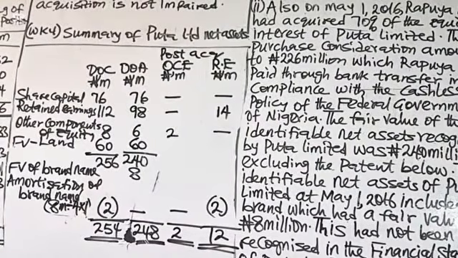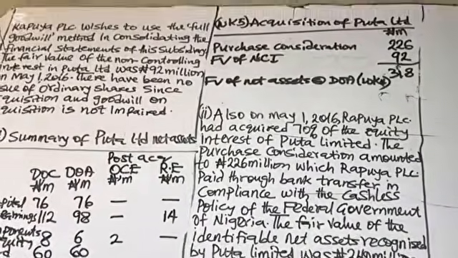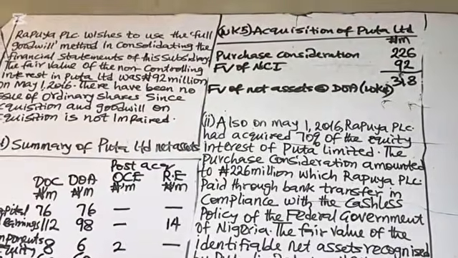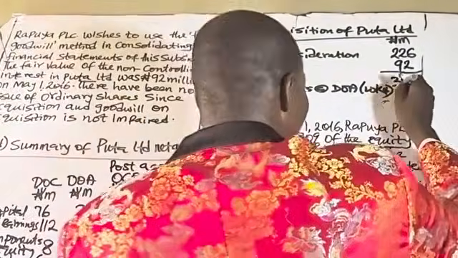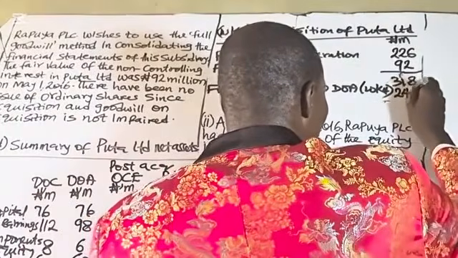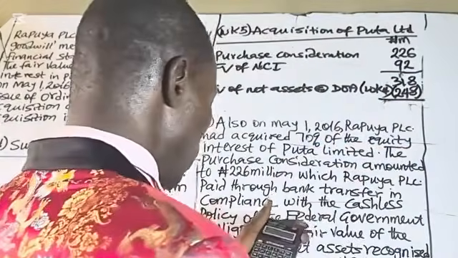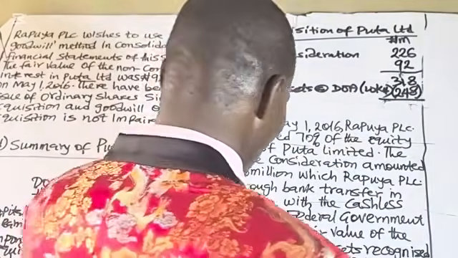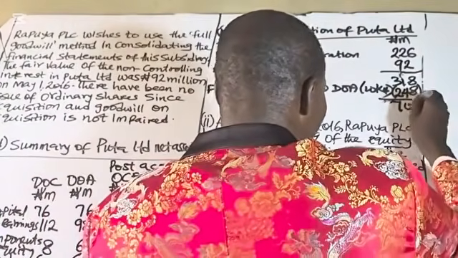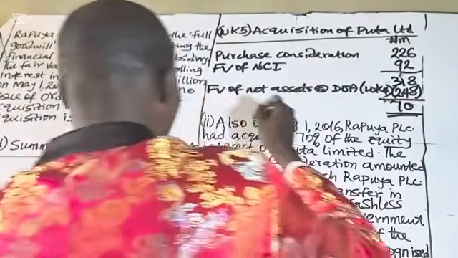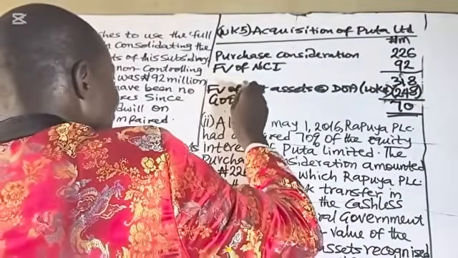So we will subtract the fair value of net assets at the date of acquisition of 248 million in order to get the goodwill on acquisition of Puta Limited. If you subtract 248, we have 70 million. That is the goodwill on acquisition of Puta Limited.